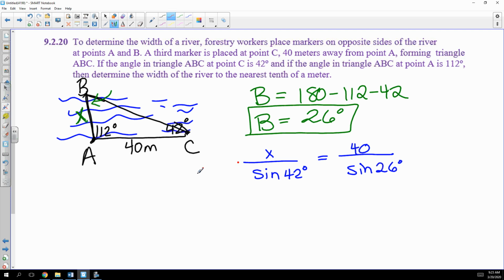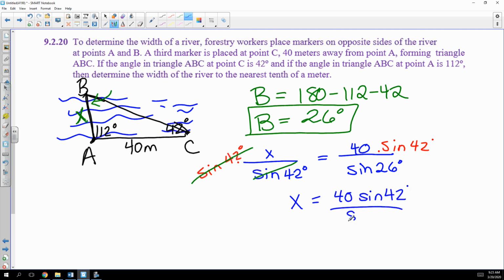And then don't forget, you're going to multiply both sides by sine of 42 so that you can cancel it on the left side. And then you're going to get x equals 40 times the sine of 42 degrees all over sine of 26 degrees.